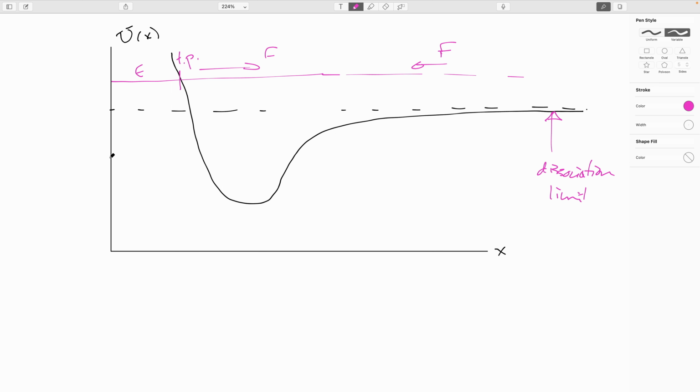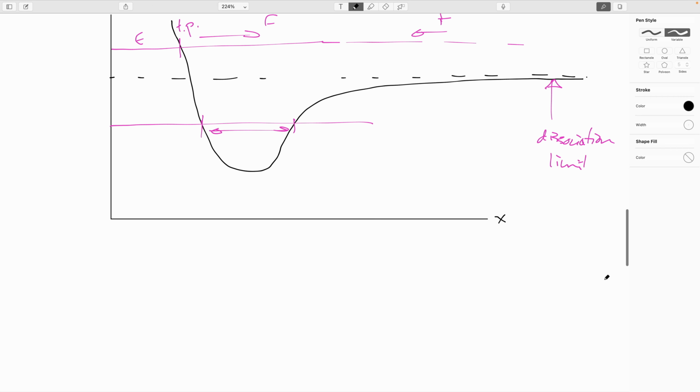On the other hand, if the total mechanical energy is less than the dissociation limit, then the intermolecular separation will oscillate between these two turning points. Anyway, we could go ahead and use this to find the force and to find the equilibrium point right here.